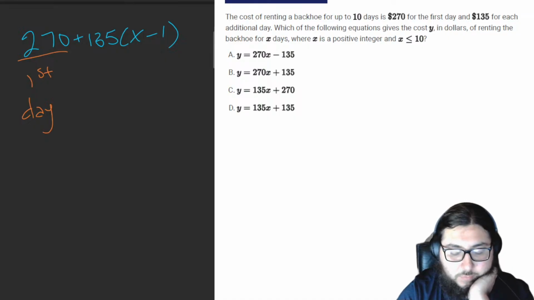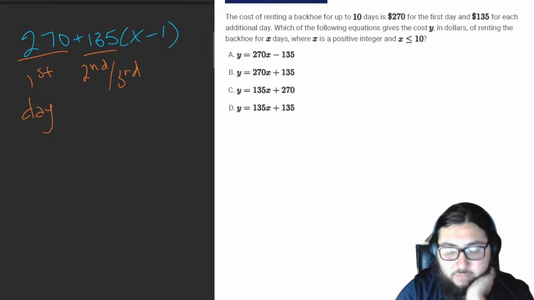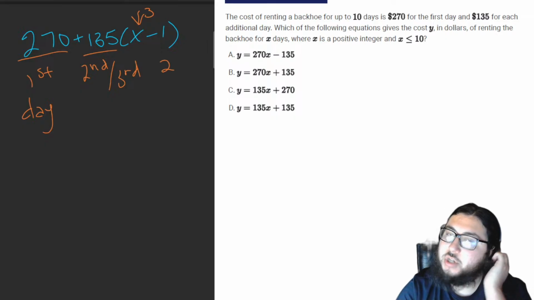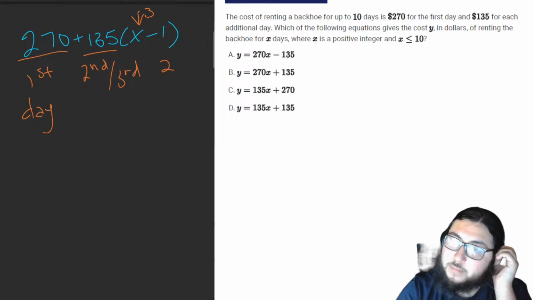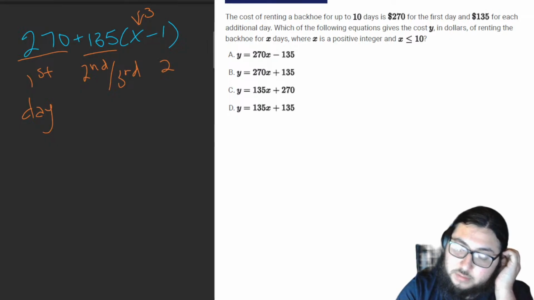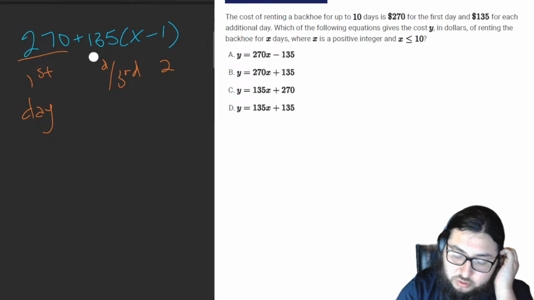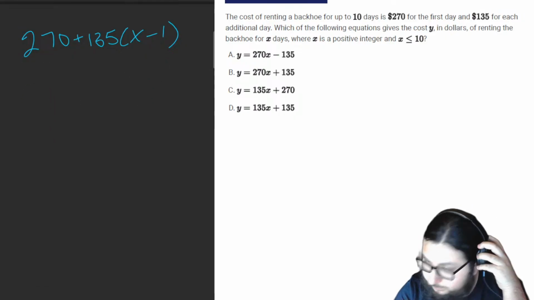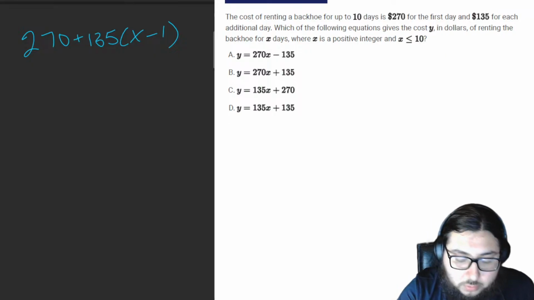Every day after, the second and third day, we're being charged 135. But if we substitute 3 in this equation, we'll see that 3 minus 1 is 2. So we're only getting charged $135 for 2 days, right? That's where the x minus 1 comes in. We get charged $135 for every day after the first one, so 1 day fewer than our total number of days.